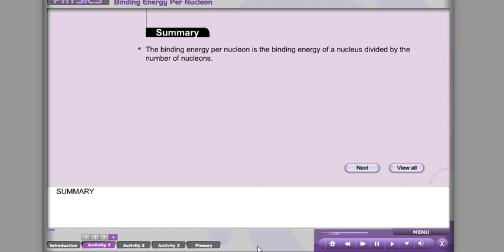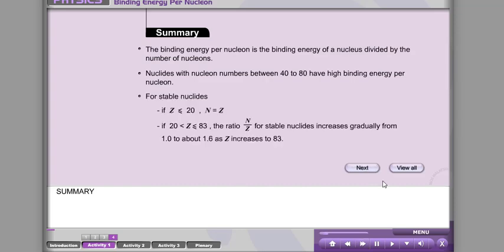Summary. The binding energy per nucleon is the binding energy of a nucleus divided by the number of nucleons. Nuclides with nucleon numbers between 40 to 80 have high binding energy per nucleon.